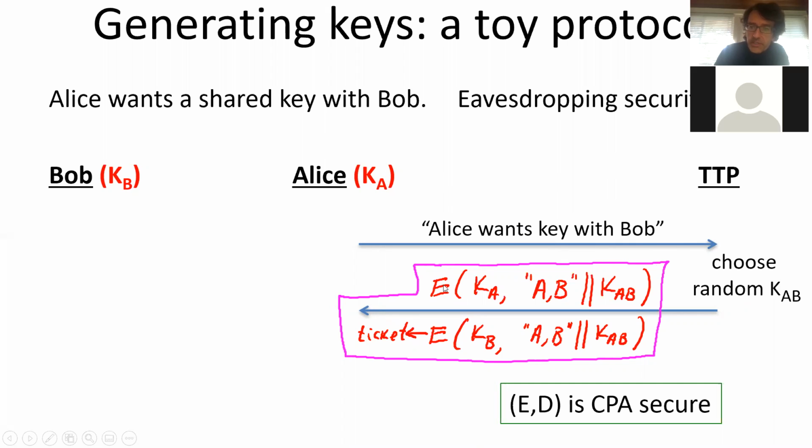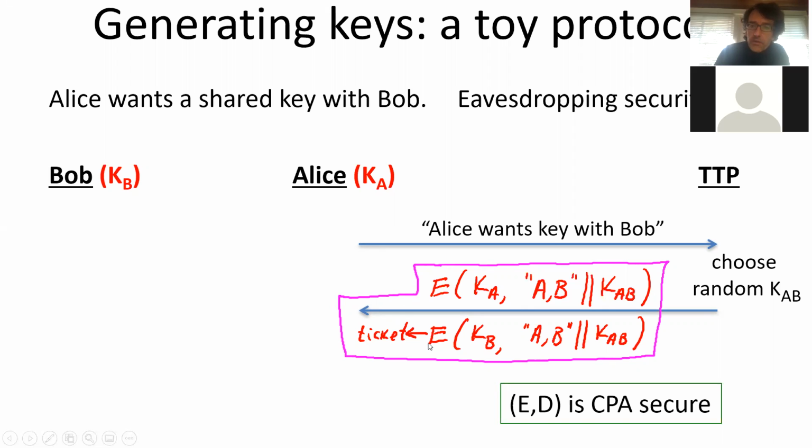TTP encrypts under KA basically a ticket whose content is A and B's names concatenated, and a symmetric key that they should be using.